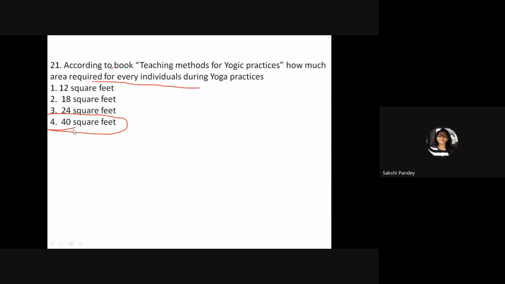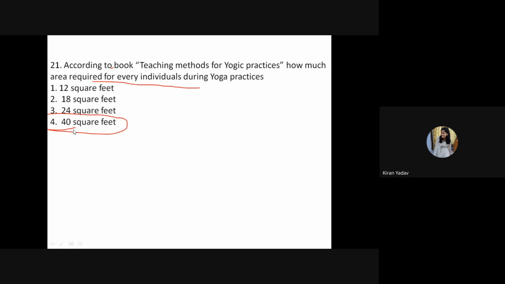Right. Students need to prepare models of what they learned. They do observation, they visit conferences, yoga competitions and yoga centers. So all the activities in which students get to put into practice what they have learned.